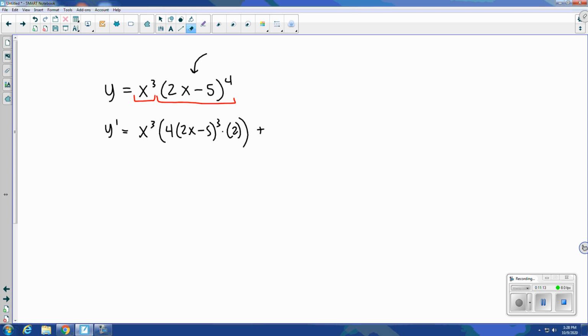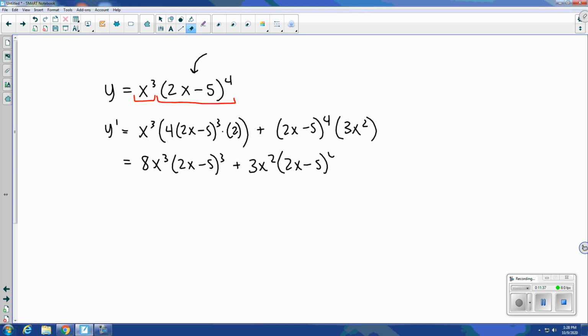Plus right, d left. All right, let's clean this thing up. So 4 and 2 is 8. We'll bring that even all the way out to the front. Plus, and then we'll have 3x squared, 2x minus 5 to the fourth.